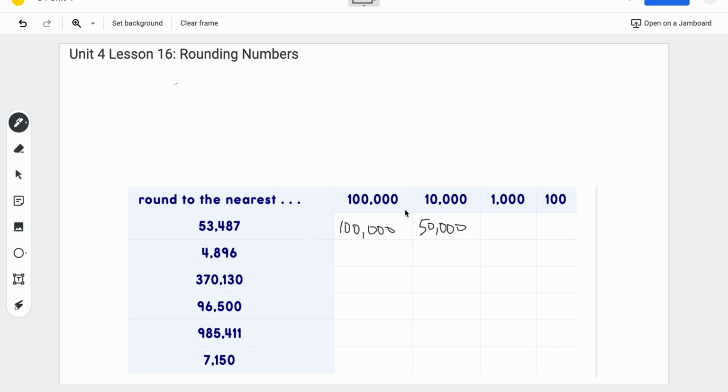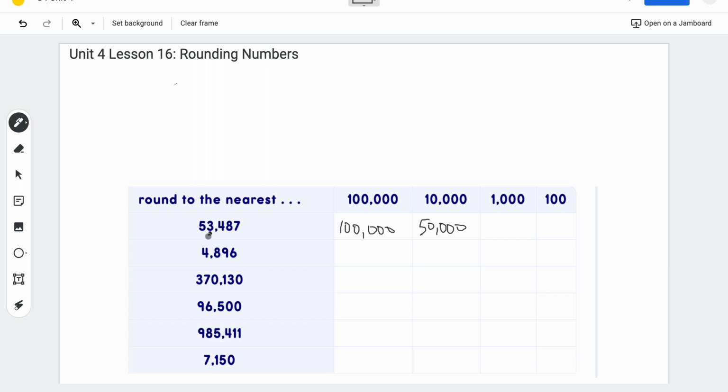The rule, in general, is that you go to the digit that you need to round. So go to the thousandth place. Over here, you need to round to the nearest thousand. So you go to the thousandth place, which is this 3 over here. So the value of this 3 is 3,000.